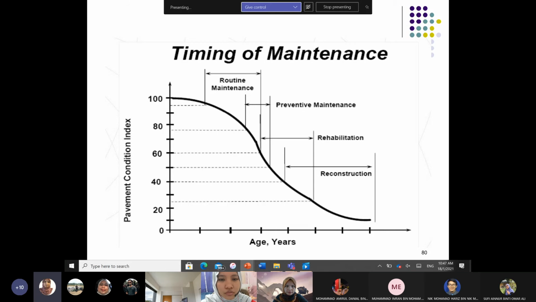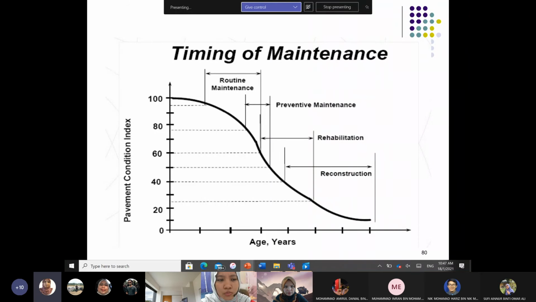Okay, this is how you the flow. How would you propose to do the service or maintenance of the road? So kalau lah PCI dia tinggi, maksudnya bagus jalan tu, PCI tinggi tu, dia punya the condition of the road is still excellent. What should you do bila dia start to reduce, bila dia start turun, you go for routine maintenance, right?